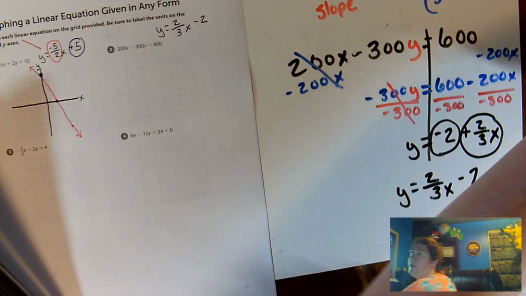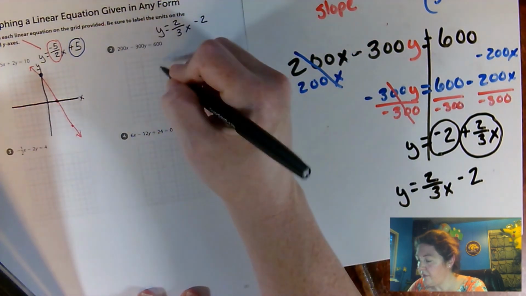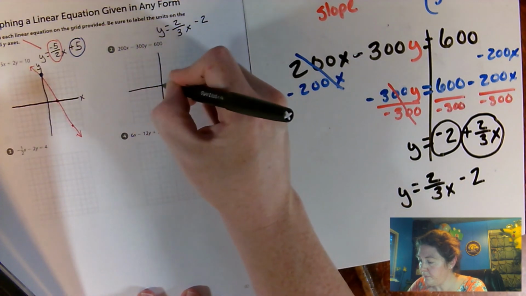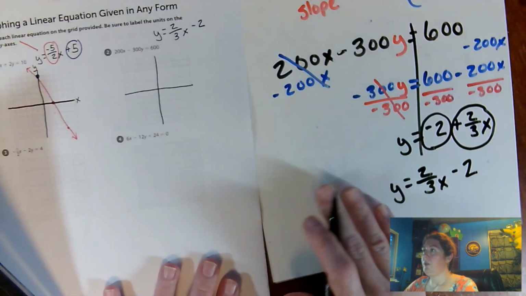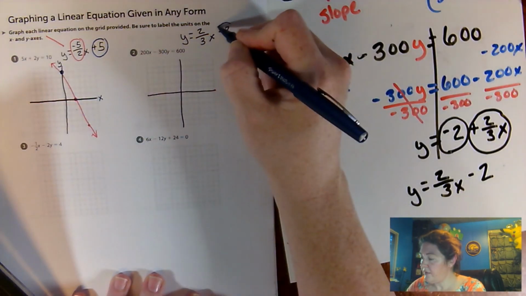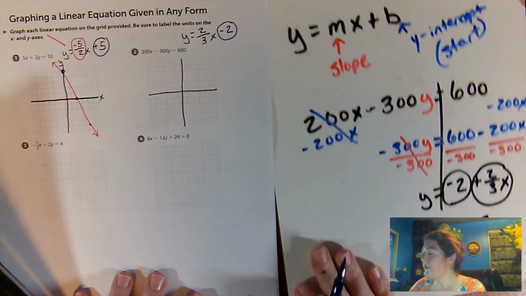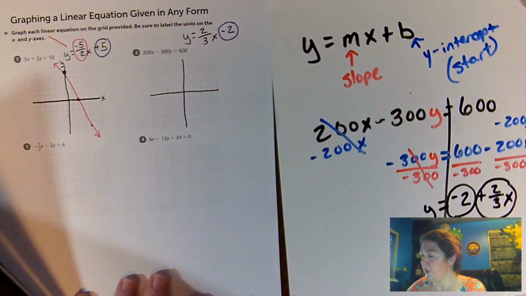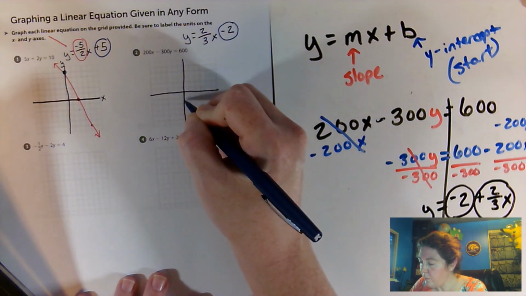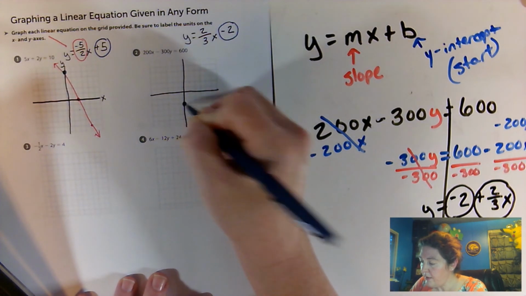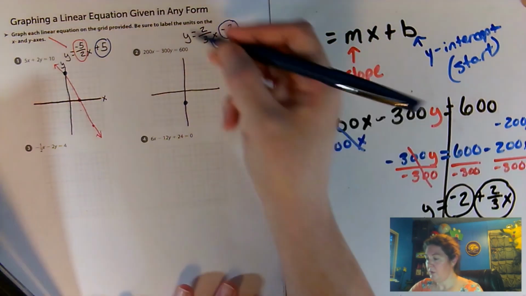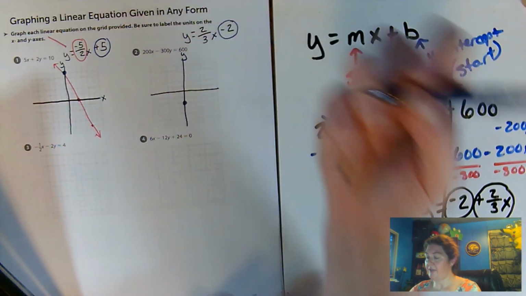Again, I have no x and y axis, so I'm going to draw those in. I know that this is my y-intercept, this is my start, so I'm going to come down to -2, start here at 0, 1, 2, that's my first point, that's where I start, because this is on my y-axis.